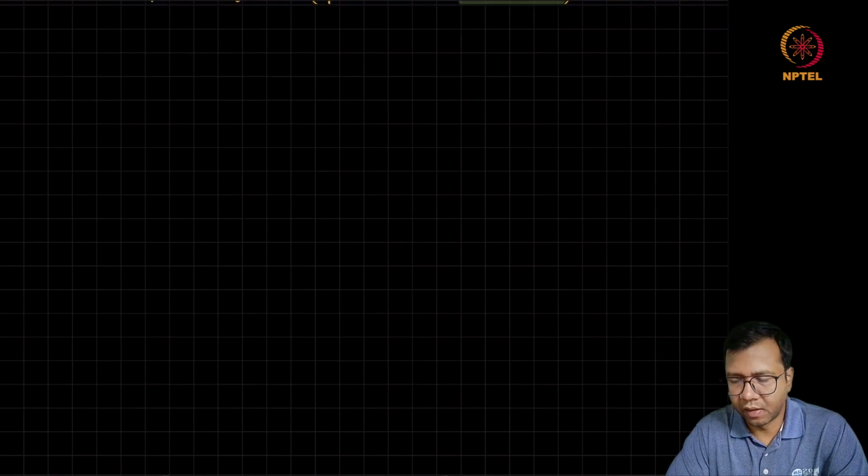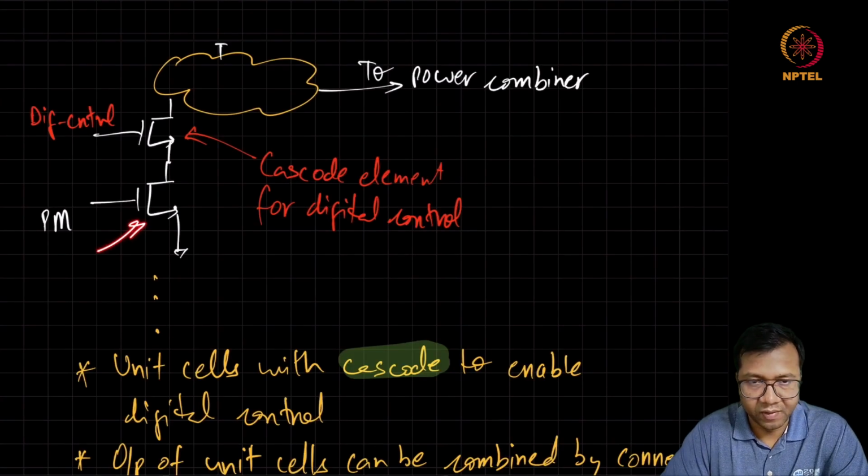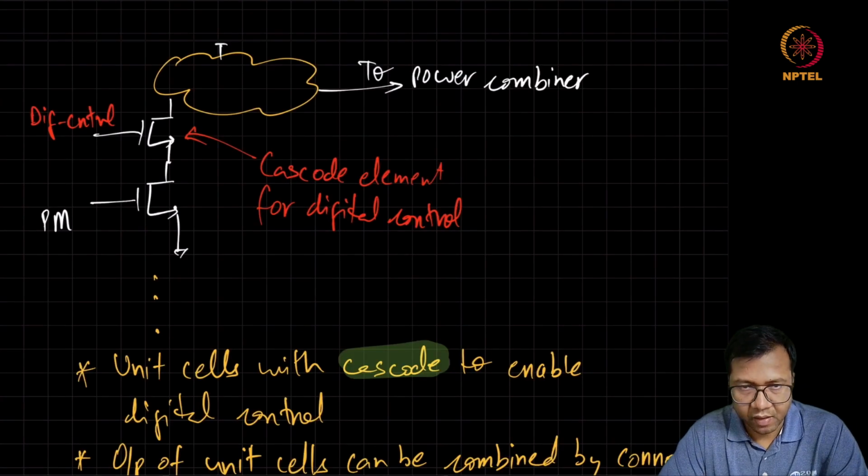Now, what happens when the input element switching doesn't look like a current source but looks like a voltage source?